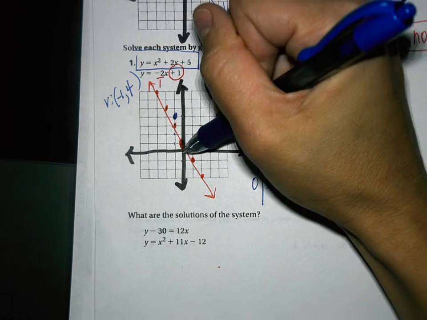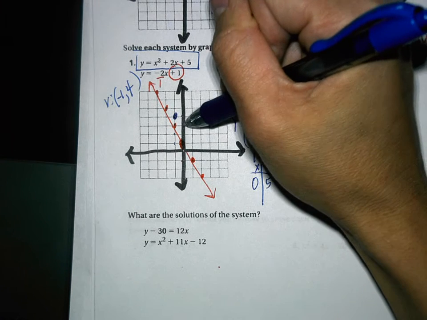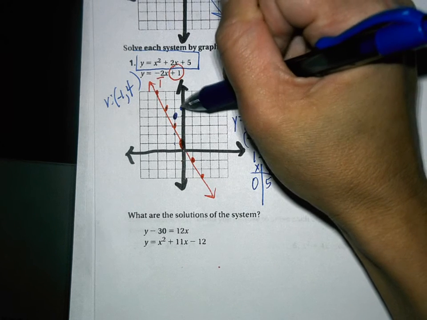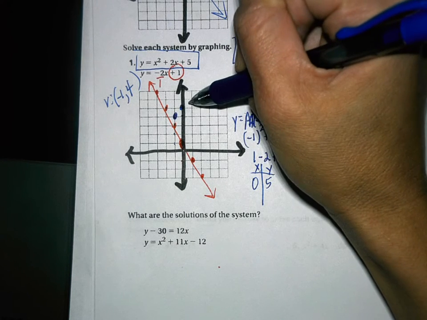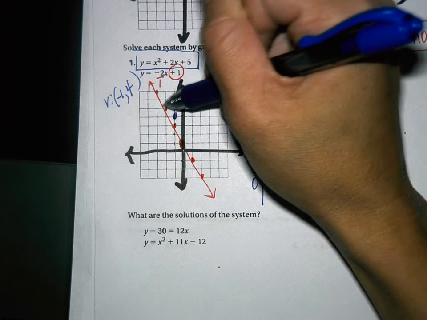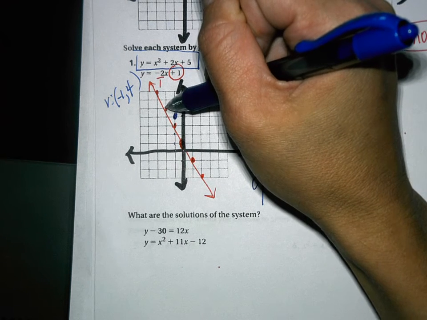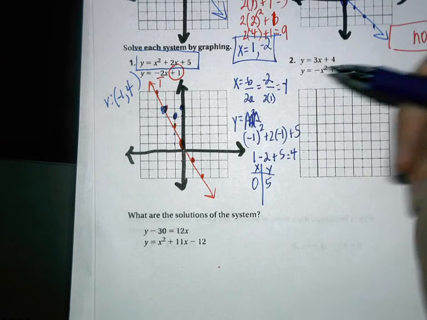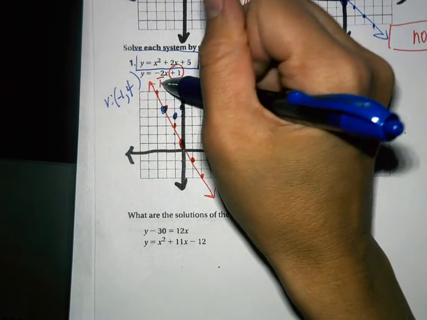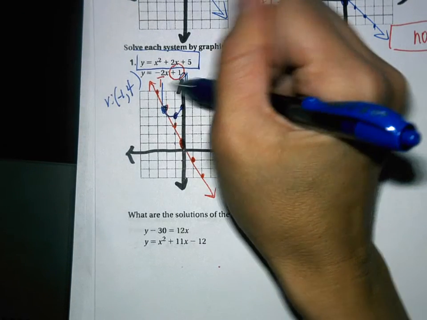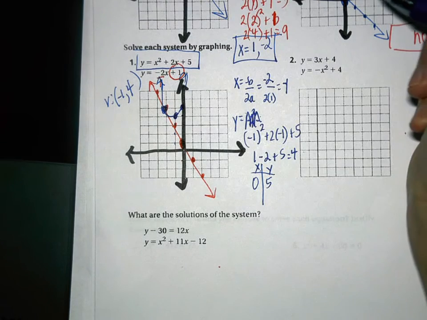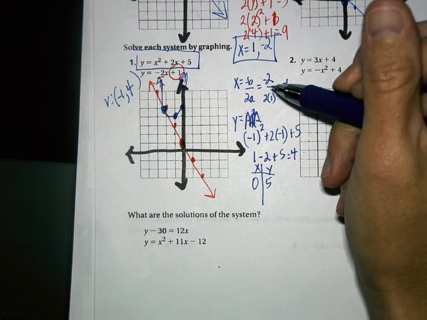So 0 and then 1, 2, 3, 4, 5. Which means this one is also at 5. Does that make sense? So negative 2. Okay. You're confused?